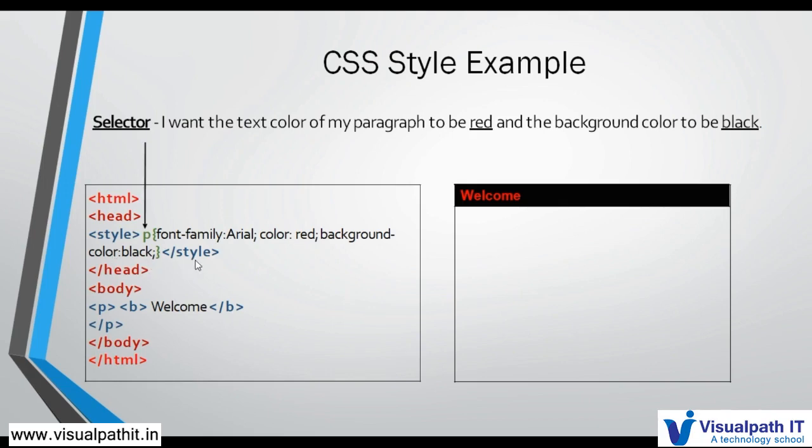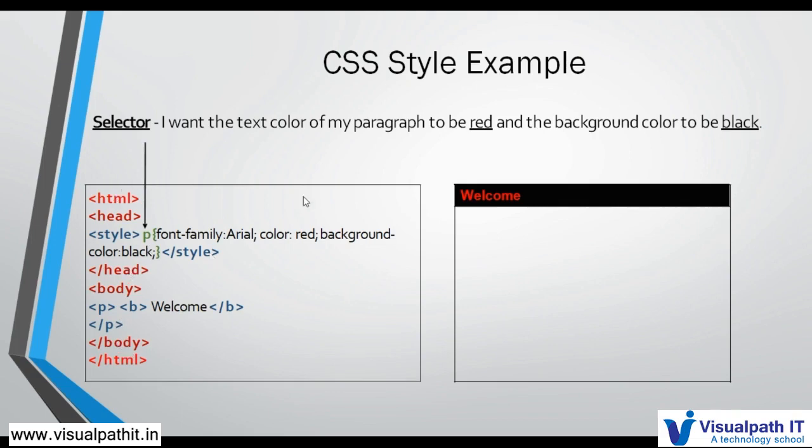Then the style closes under the head. Under the body, we had used the P tag, then the B tag, which stands for bold, and wrote Welcome. Then we closed the P tag and the body.